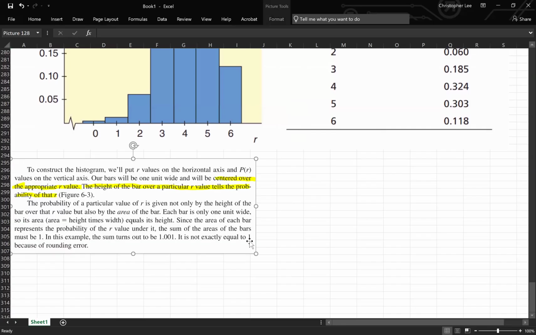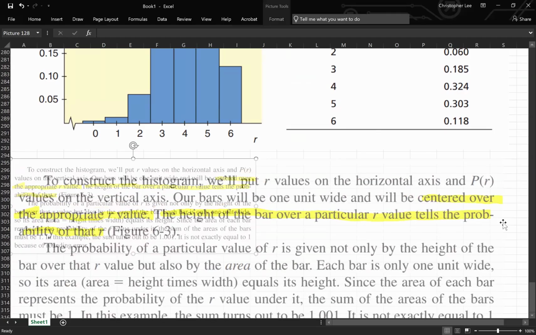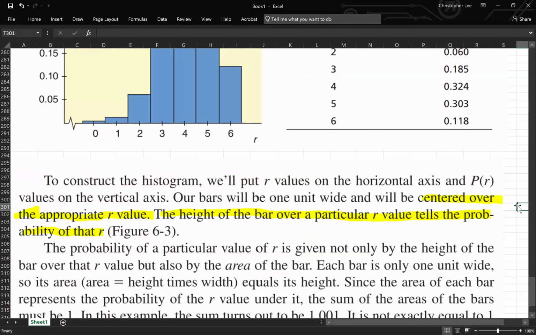Let's continue. So to construct the histogram, we put R values on the horizontal axis and probability of R values on the vertical axis. Our bars will be 1 unit wide and will be centered over the appropriate R value.